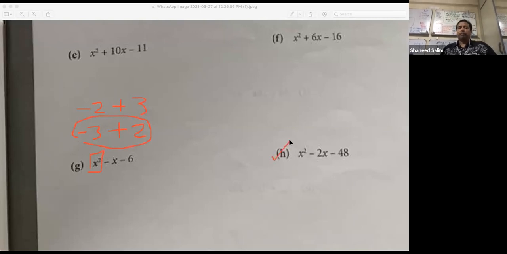48. 48 headache, man. So many numbers, but choose the numbers where the difference is 2. That's the clue.